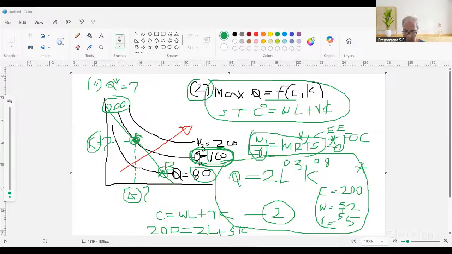Let's say the original amount is Q1. I may still ask the question: if you want to produce a Q1 amount, let's say I put here 150 units, that is the market demand, and you already settled down. After the wage rate change, how much additional budget do you need to produce the original amount?